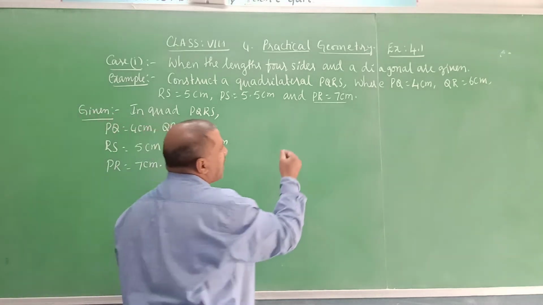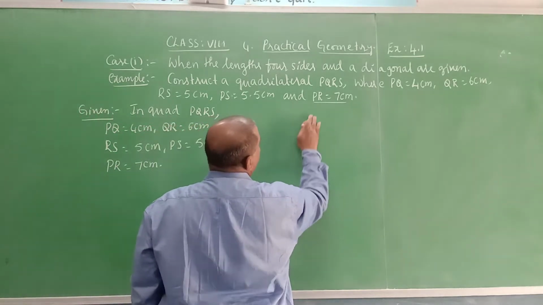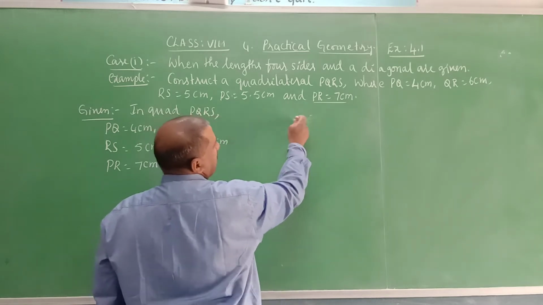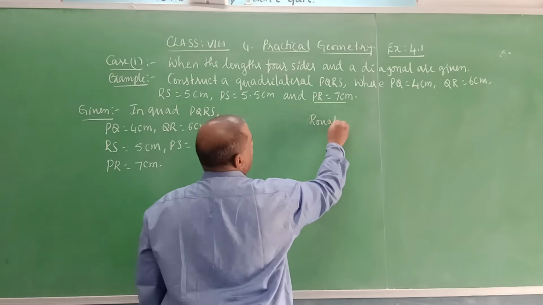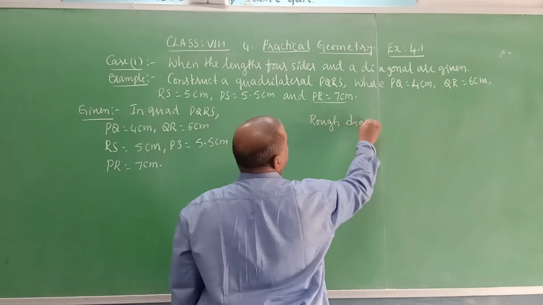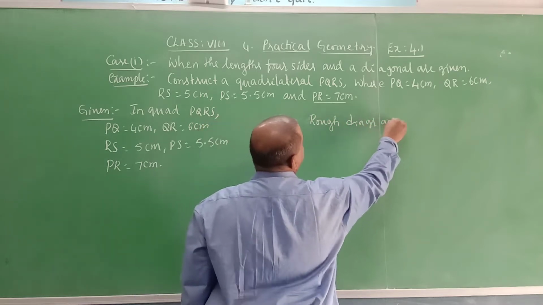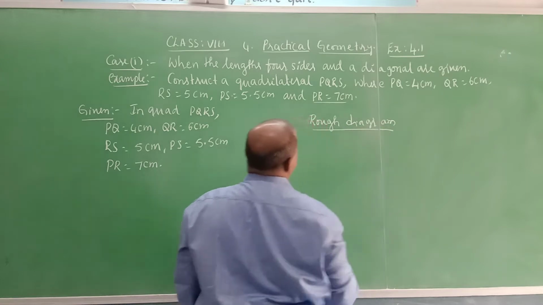Now the second heading is a rough diagram. We need to draw a rough diagram to construct the quadrilateral.